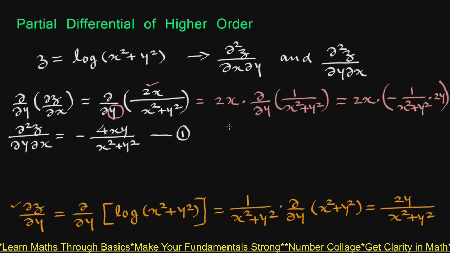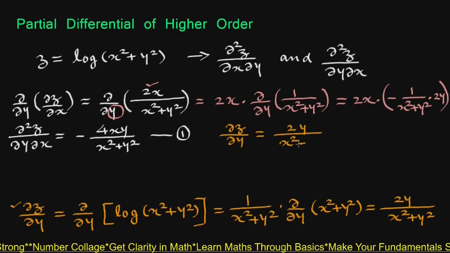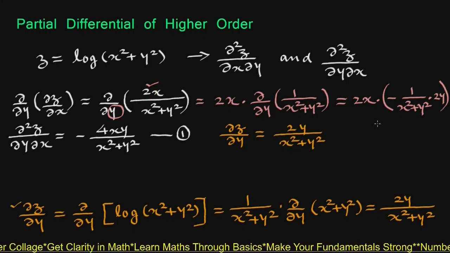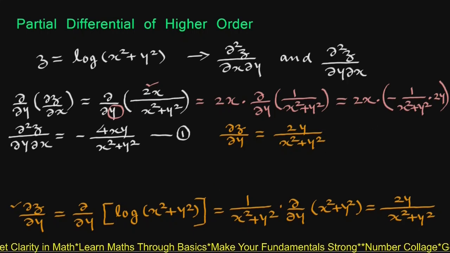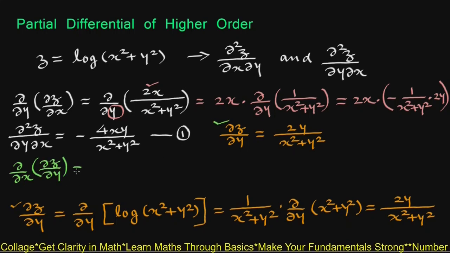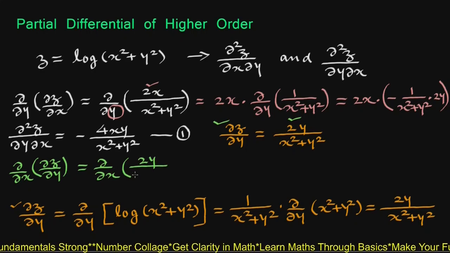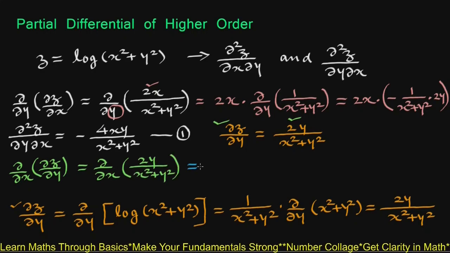Next, from this ∂z/∂y, which is 2y/(x² + y²), a first order partial derivative, we will find ∂/∂x of ∂z/∂y, which will be ∂/∂x of 2y/(x² + y²).